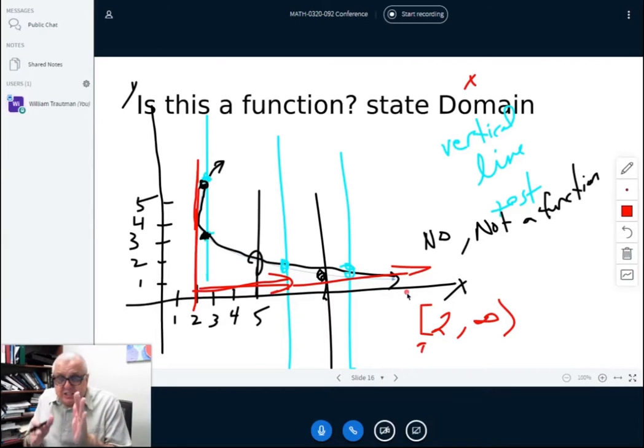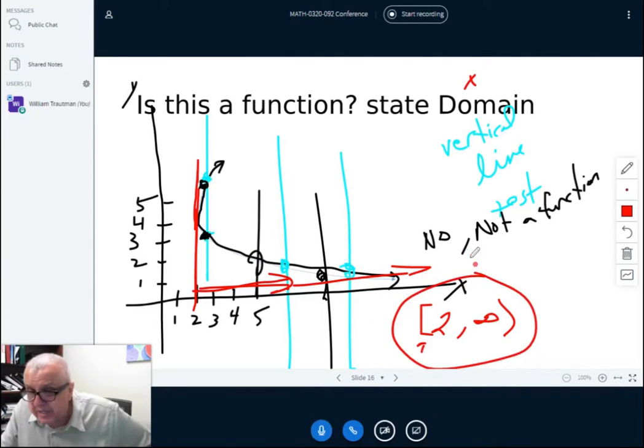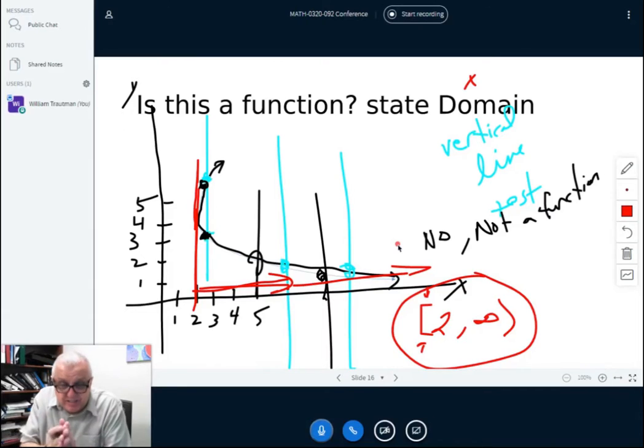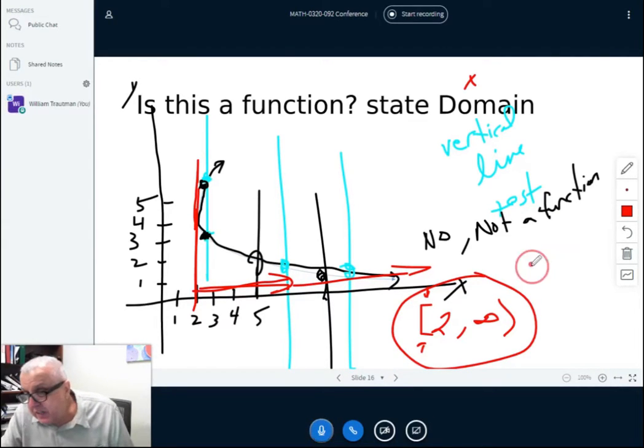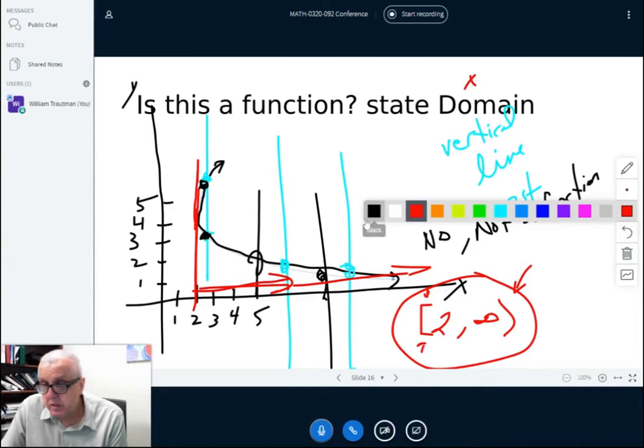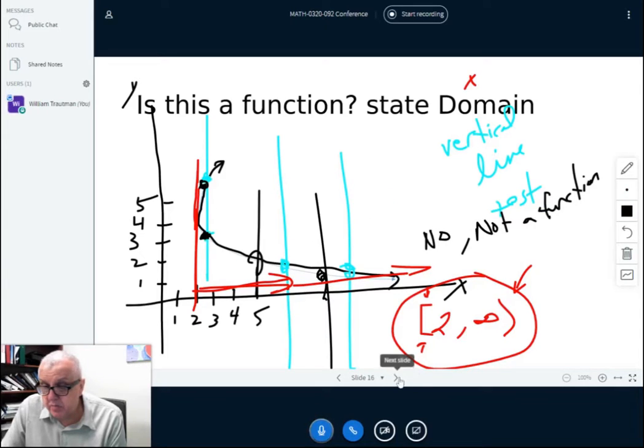So it starts at 2 and it's touching it. So this is the correct answer. You have to make sure you have the bracket there on the 2, because it starts at 2, and then it goes on to infinity. Infinity should always have a parentheses because you can never touch infinity. And we're moving.